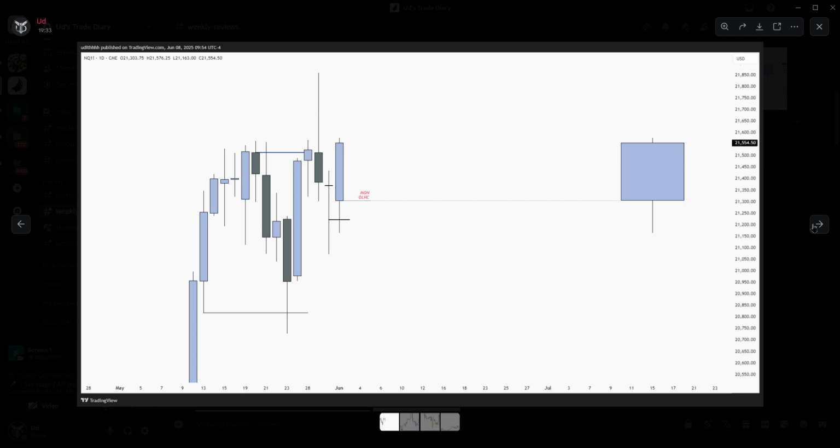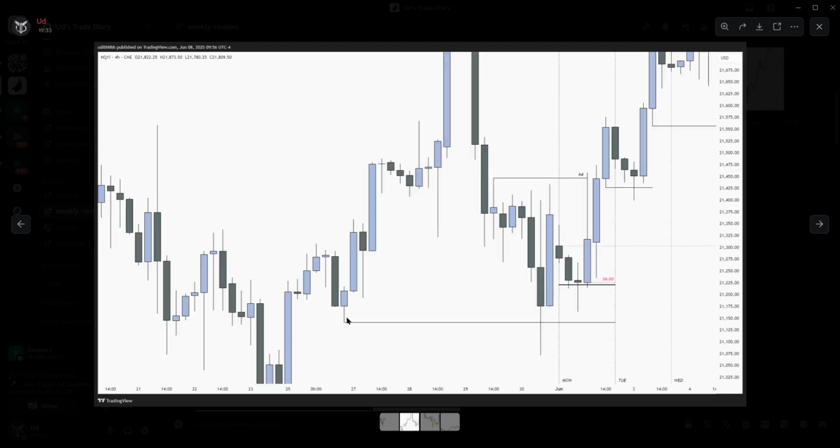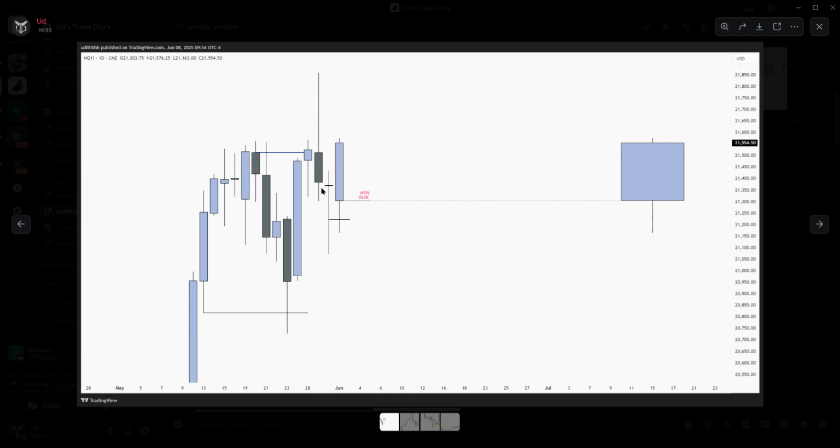From which this was rejecting off. It was this swing, correct? So this market maker sell model got completed after this candle reached this objective. So now price could continue again, finishing this daily retracement to back. Daily retracement to expansion could then continue, correct?